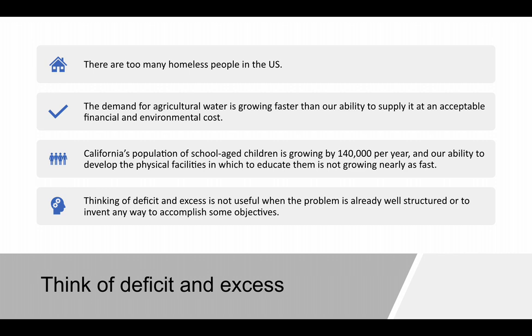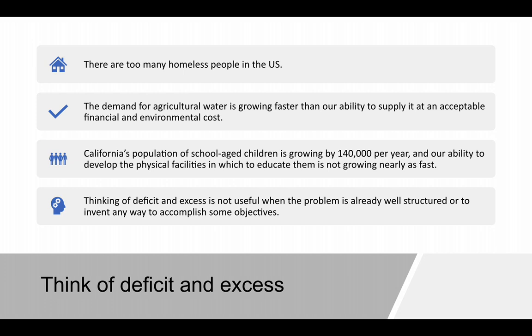The next example: California's population of school-aged children is growing by 140,000 per year, and our ability to develop the physical facilities in which to educate them is not growing nearly as fast. Which means there's a gap, a shortcoming, a deficit, right? So probably you need to come up with some solutions. How can you develop more physical facilities to meet the demands?